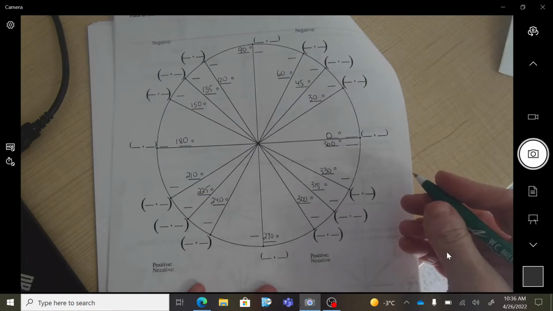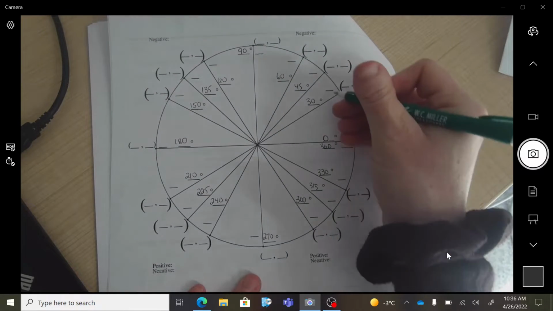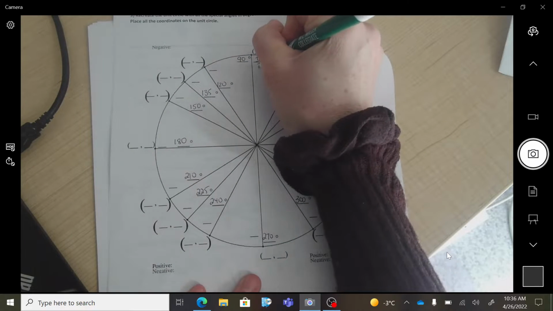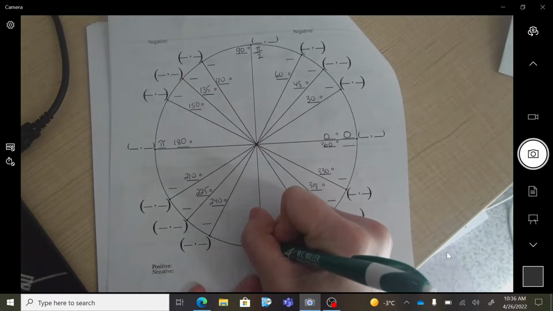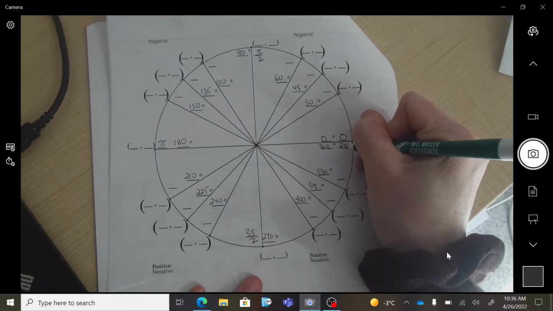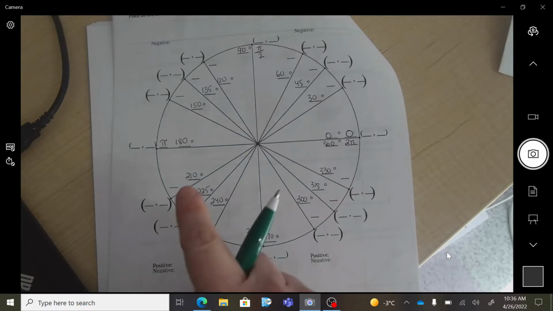So now for the radians, I'm going to do 0, pi over 2, 1 pi, 3 pi over 2, and 2 pi. So now I'm going to do the 30s.